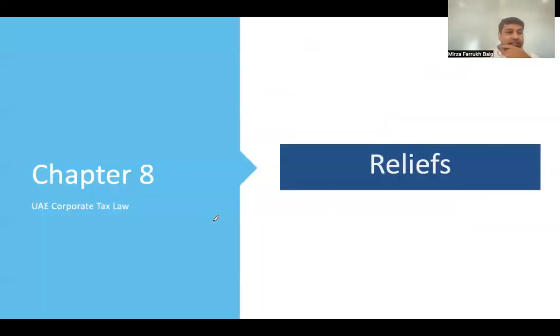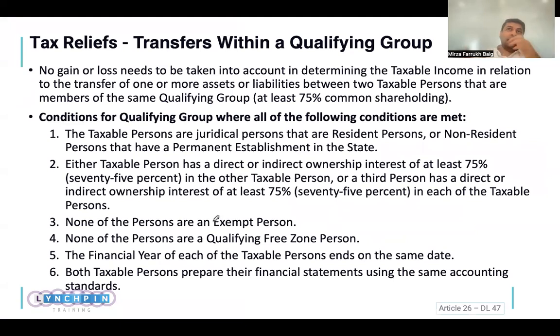There are certain conditions where we may have reliefs from tax on group transactions. Here I'm referring to the qualifying group, where the shareholding should be 75% or higher, and it's not my tax group for which I have taken the approval.